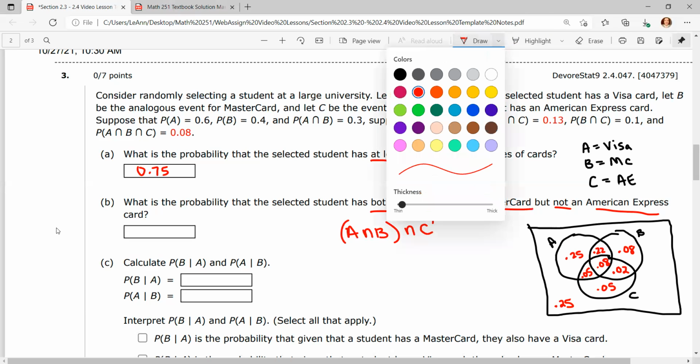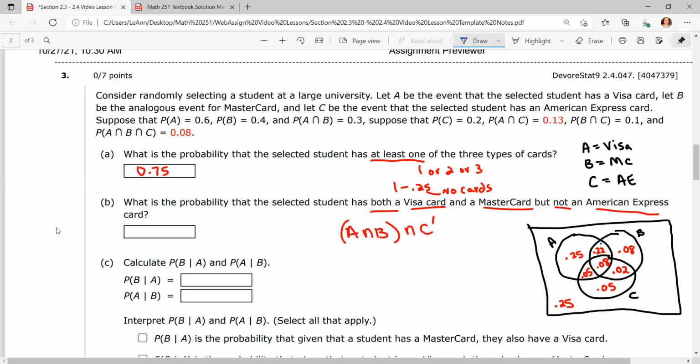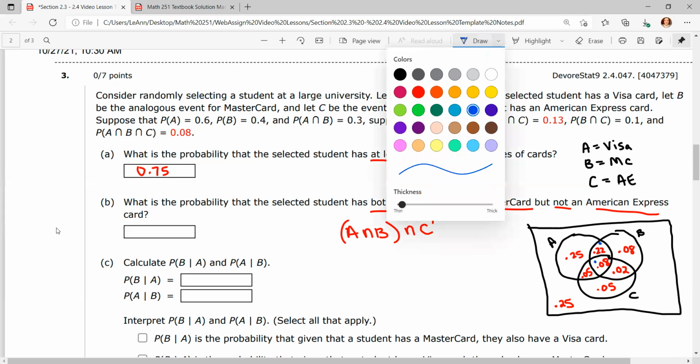See if I can use a different color. I'm just going to put dots of different colors and then I'll probably erase these. The intersection of A and B is this 0.22 and this 0.08. That's the intersection of A and B. Not C, I'm going to use, let's say, purple.